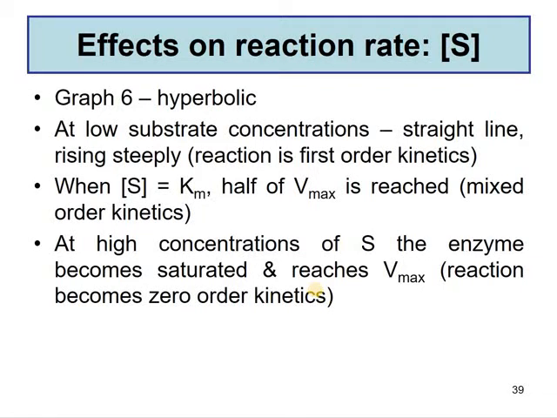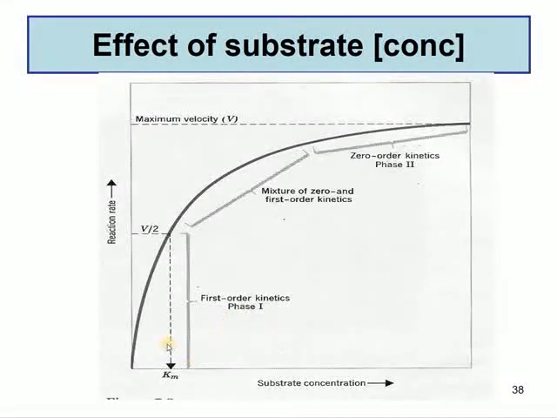So why is this Km very important? This Km usually tells us about how fast the substrate reacts with the enzyme. So if you have a very low Km, it means that your substrate moves very fast and collides with the enzyme.